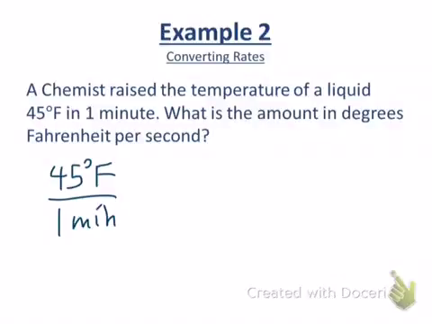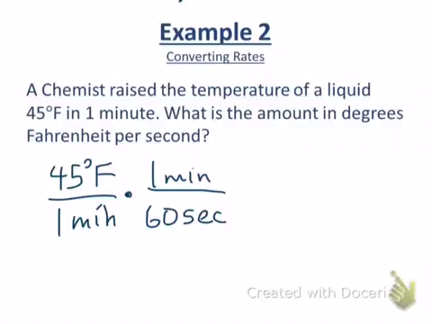I need minutes to turn into seconds. Okay? Now, what's the unit multiplier that I'm going to use to do this conversion? 60. 60 seconds is 1 minute, right? But I need minutes to go away, so I want 1 minute on top equals 60 seconds on the bottom.